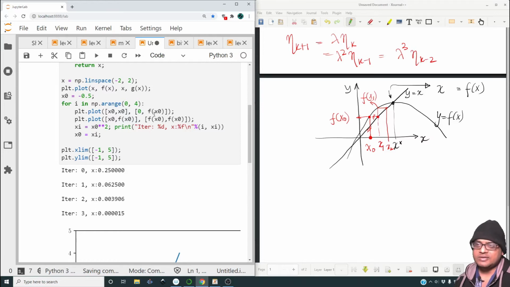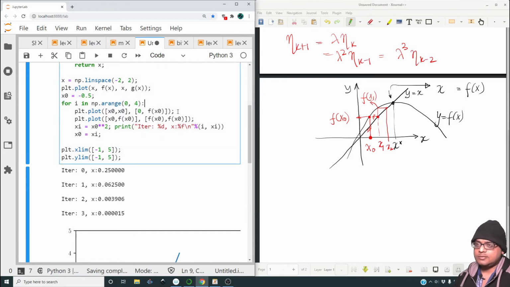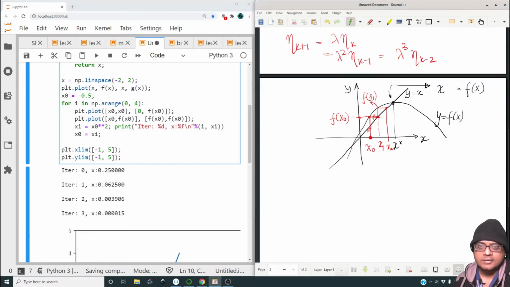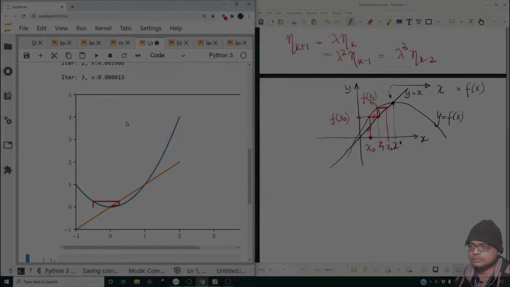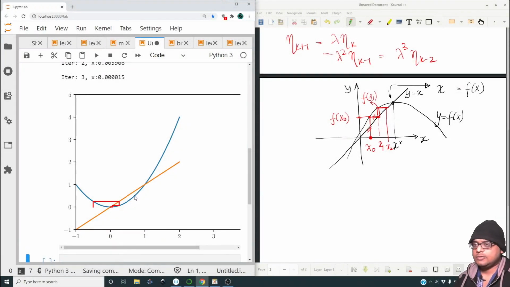So let me just fix the plotting so that it doesn't plot every time from the base. So the first point, yeah, so let's just start plotting it like this. All right, so this is how the plot looks like.